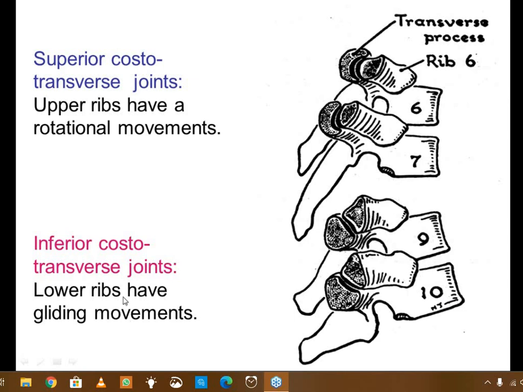Of course, they are also plain synovial joints, but upper have rotational movements and lower have slight gliding movements, obviously because of the shape of this facet, which is curved in upper ribs and plain in lower ribs.